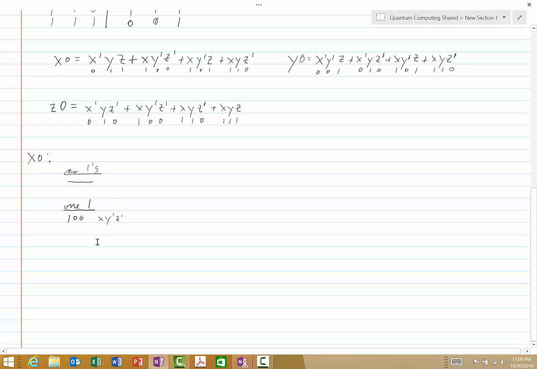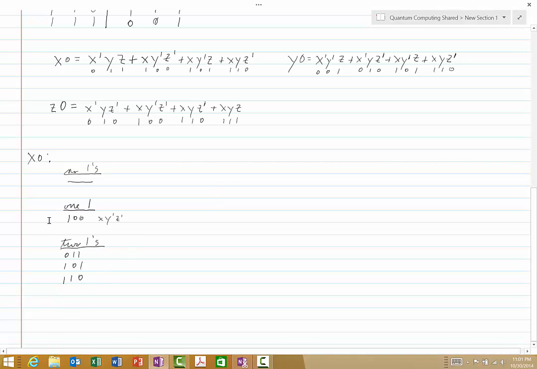And then we have 2 1s, and that actually is the rest of the terms. So we have 0, 1, 1, 1, 0, 1, and 1, 1, 0. Those are the rest of the terms there for x0.